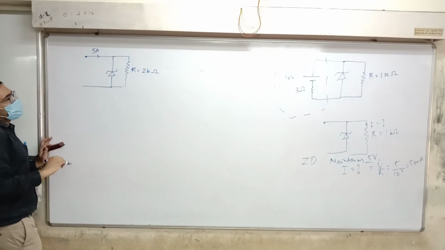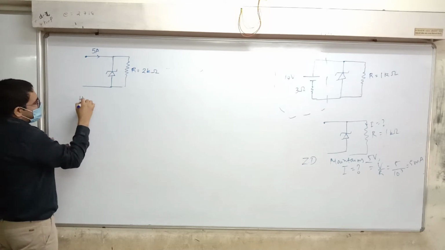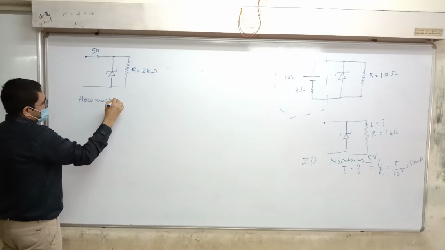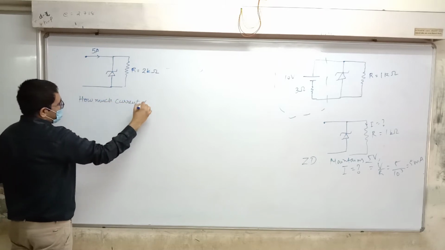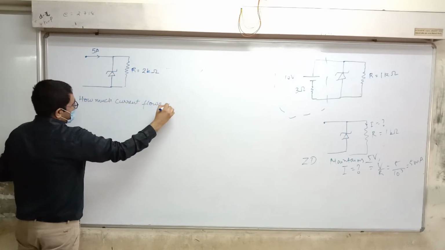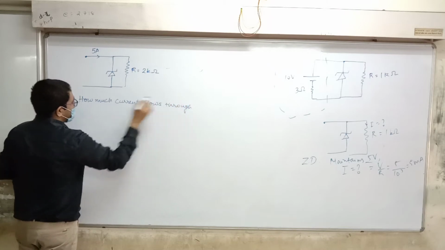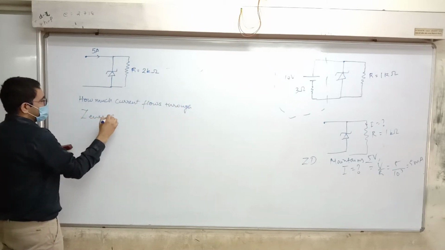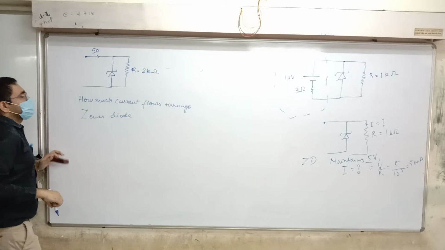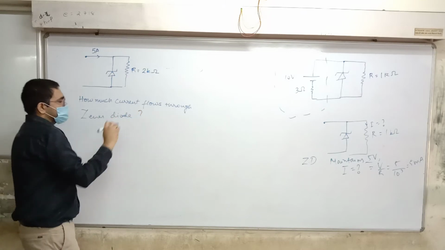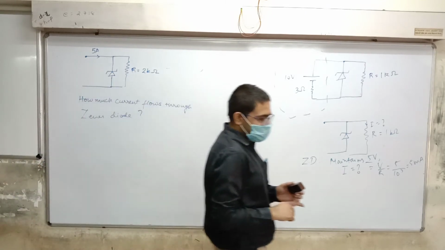Now the question is how much current flows through the Zener diode?